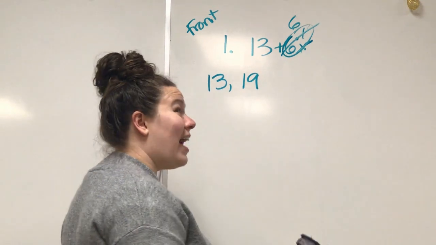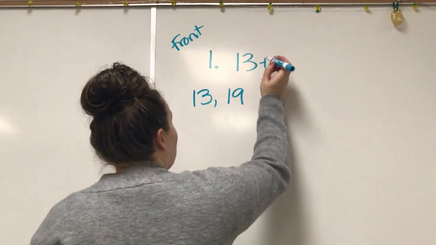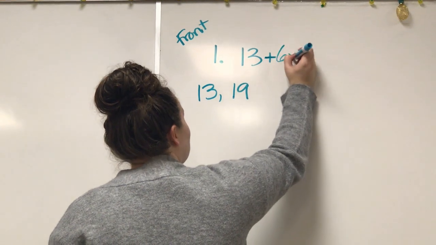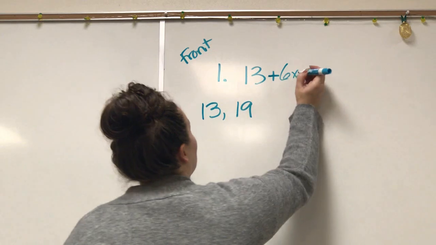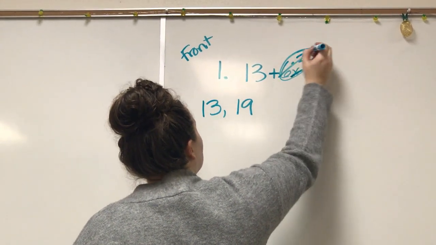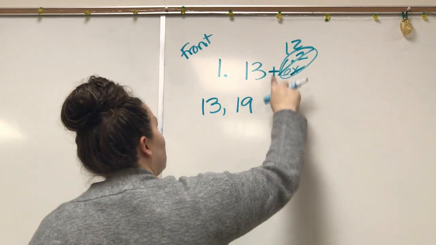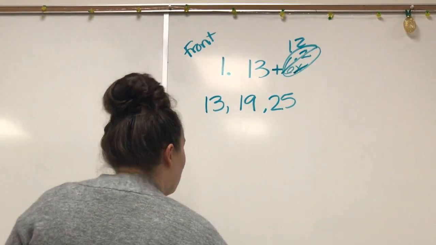Okay, so I'm halfway done with problem number 1. Got to rewrite my problem again. 6x. Now we have to turn this x into a 2. Cross it out. Times 2. 6 times 2 is 12. 13 plus 12 is 25.